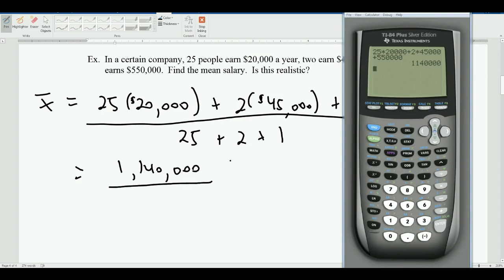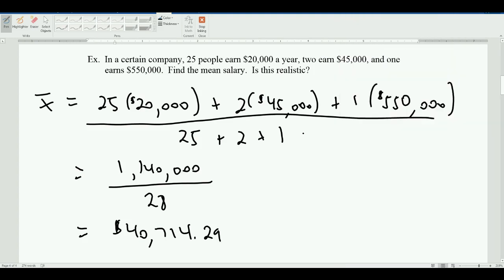Divided by 25, 26, 27, 28. So the average salary is $40,714.29.